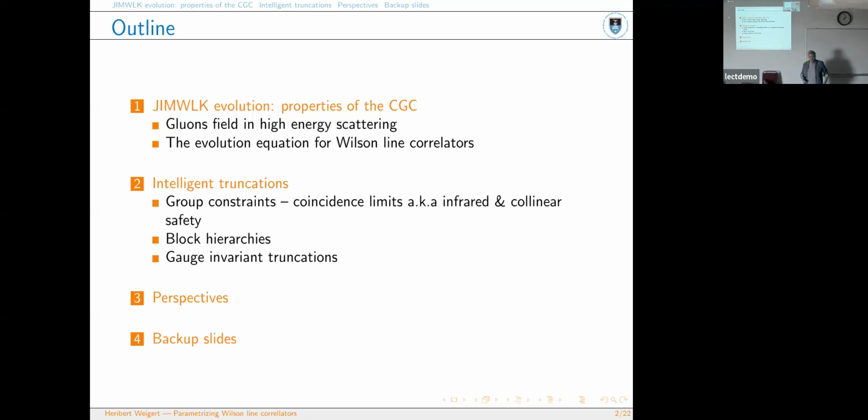I will start off with the application that got me into this, and that is JIMWLK evolution and the color glass condensate. So this is a case in which we're dealing with a scattering event at extremely high energies. The energies are so extreme that the particles that scatter only interact with modes that are much softer than the scattering objects, and essentially the only thing that can happen is that the hard particles are going to flip the orientation of the color vector.